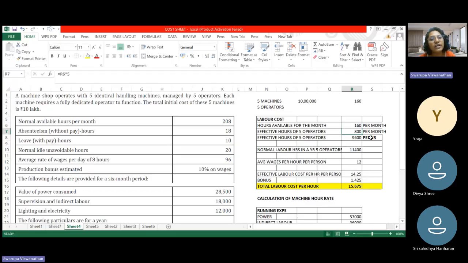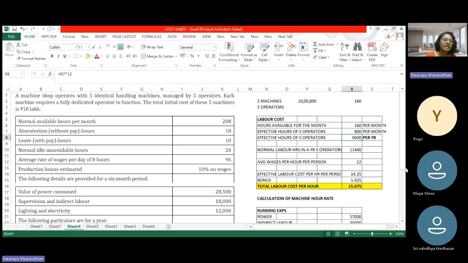Okay. So if there are 5 operators, then they will work for 800 hours a month. And in a year, how many hours will they work? 800 into 12 months. So 5 operators in a year, they will work for 9,600 hours. So the total effective hours is 9,600 per year.